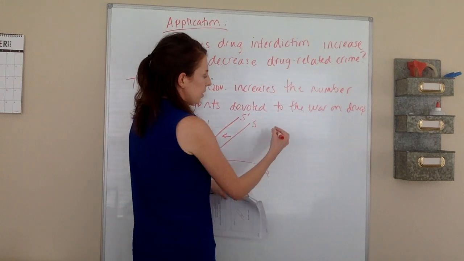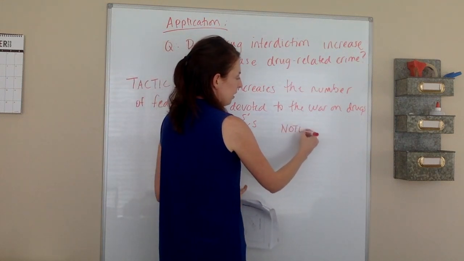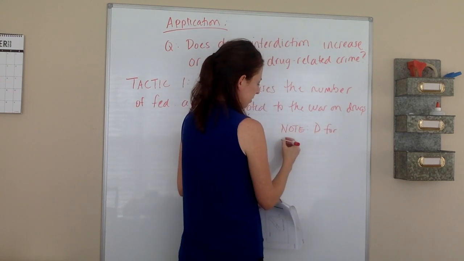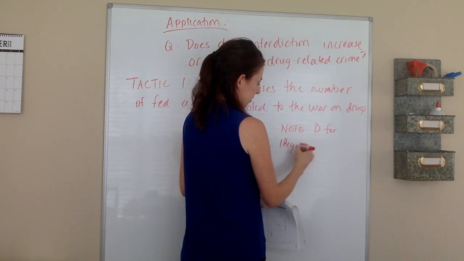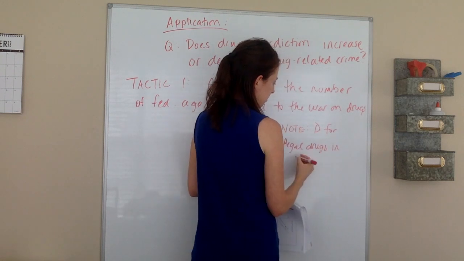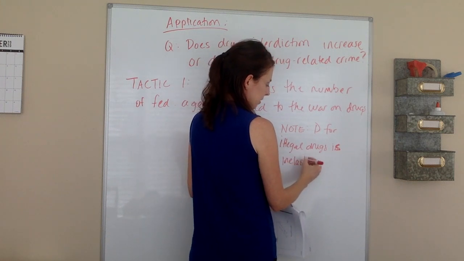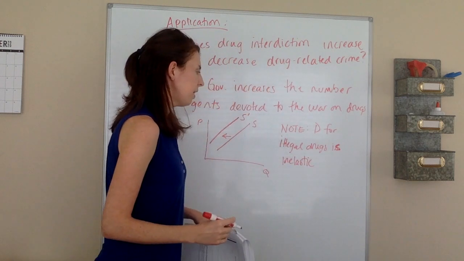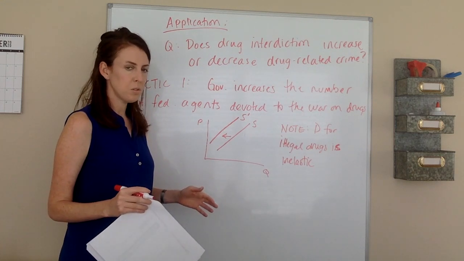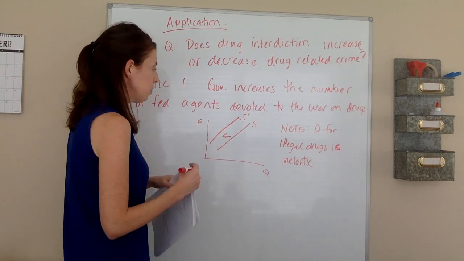And so what we should note is that the demand for illegal drugs is going to be inelastic. Recall that if price elasticity of demand is inelastic, that means people aren't responsive to price changes, so the whole demand curve is going to be relatively steep.